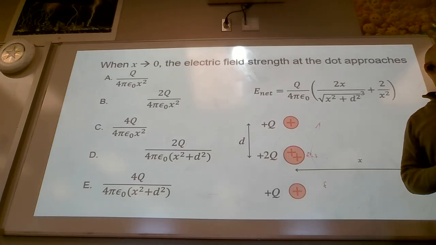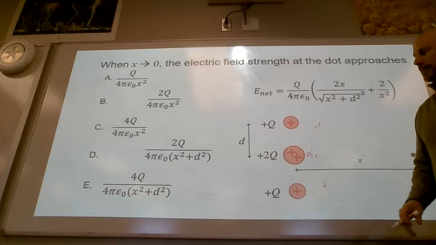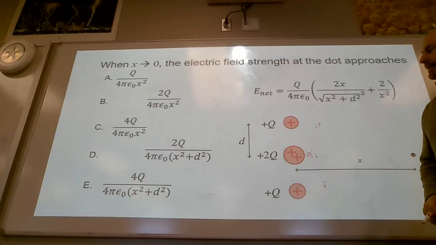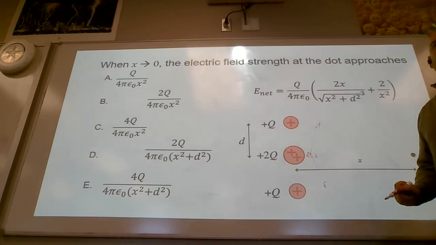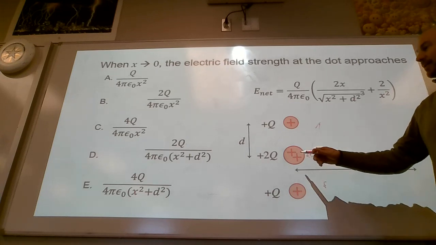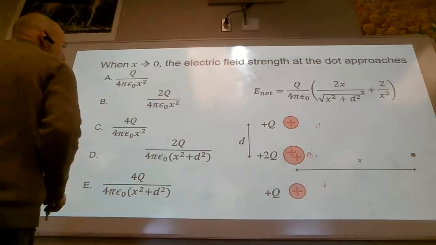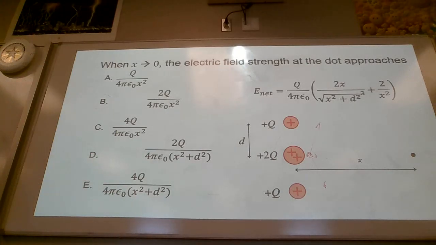You all right with that? So as we approach 0, the electric fields from these two become less and less significant. We can approximate their contributions to 0. So all it is going to be is a point charge with a charge of 2 from the center guy.